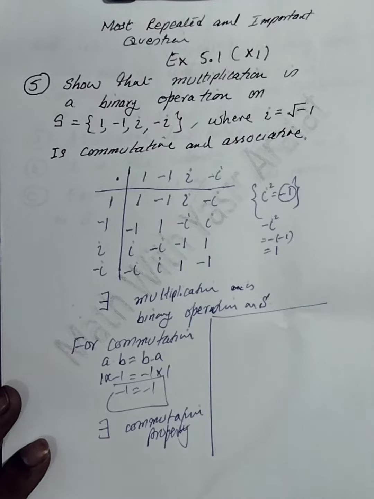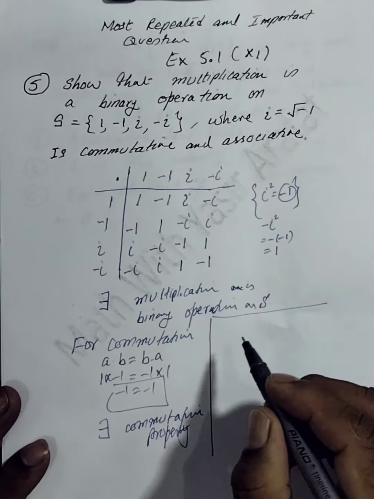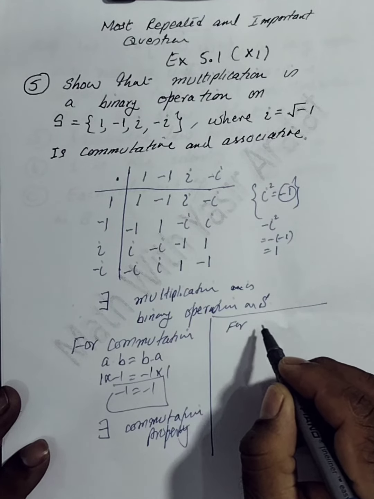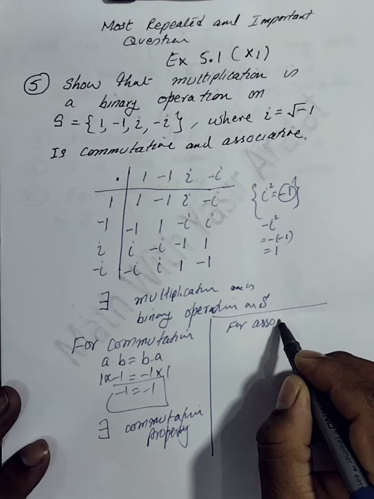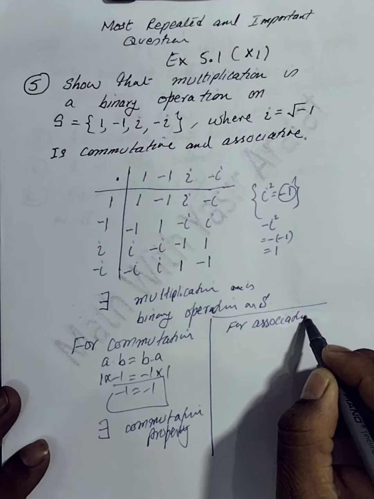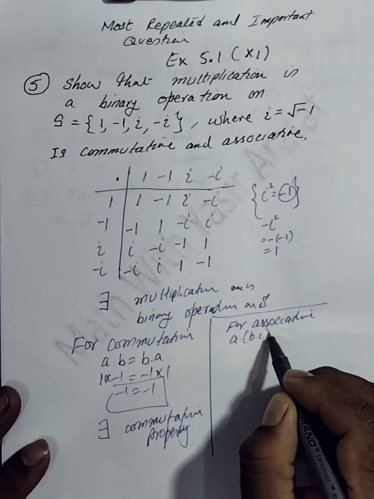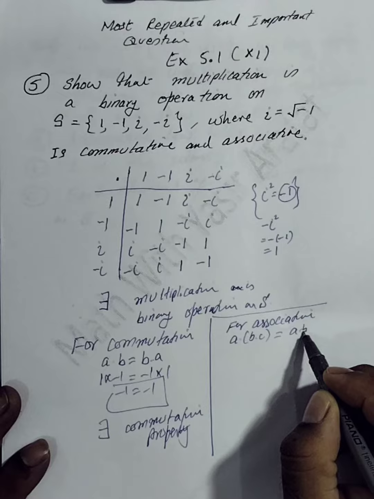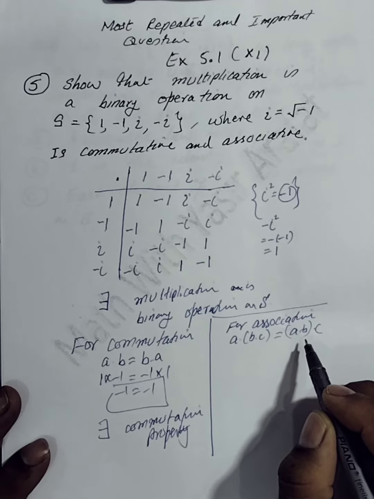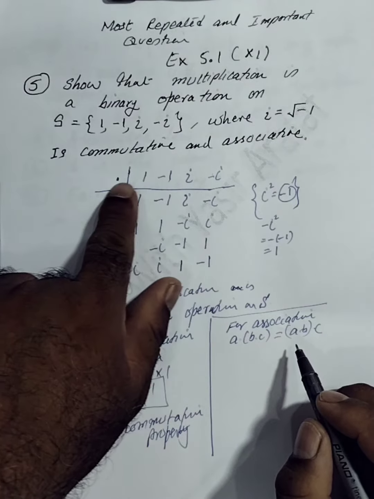Now for associative, (A times B) times C equals A times (B times C), meaning multiplication. Take any three elements from the set.